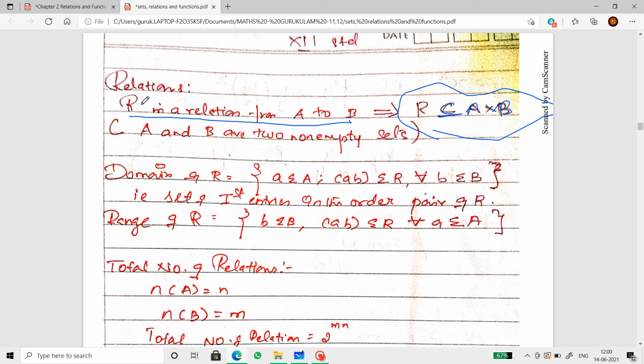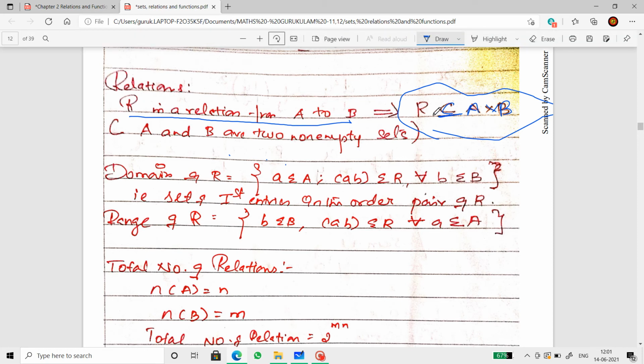So it's very important to know the basics of what a relation means. If there are two sets, A cross B exists between them, which is just the cross product of A and B. Now the R set must not contain even one element that is not part of A cross B. So R should be purely a subset of A cross B.